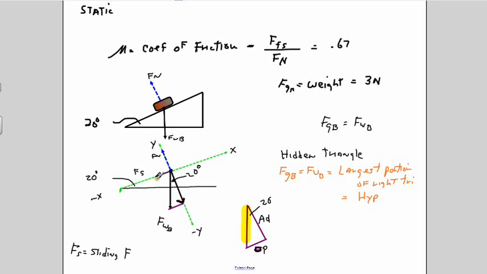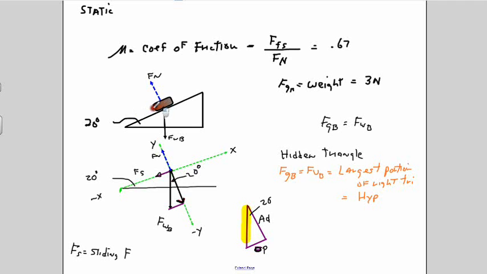Okay? And we're not sure, in fact, if it's really going to. The only way we know for sure whether it will or not is if we know what the force of friction is. Now, I'm going to show this force of friction a little bit different than I did before. See, we're not pulling it now. Gravity's trying to let it slide all the way down.